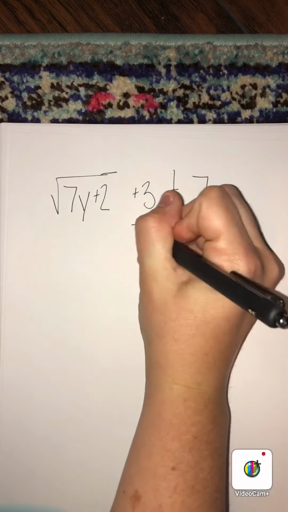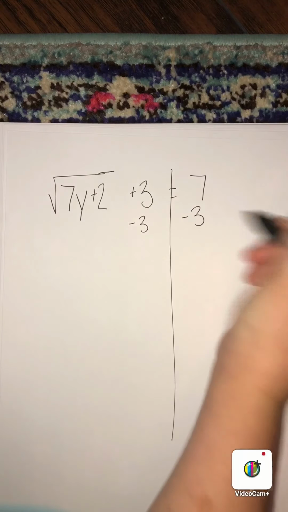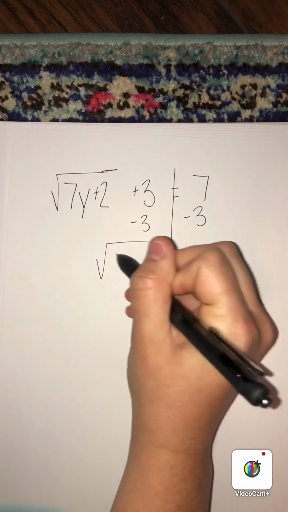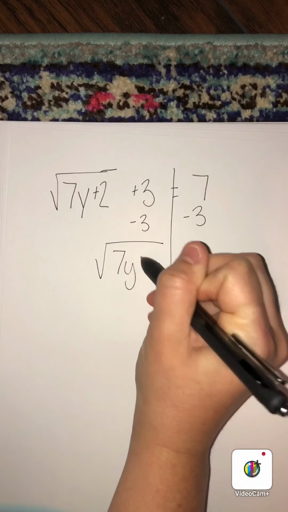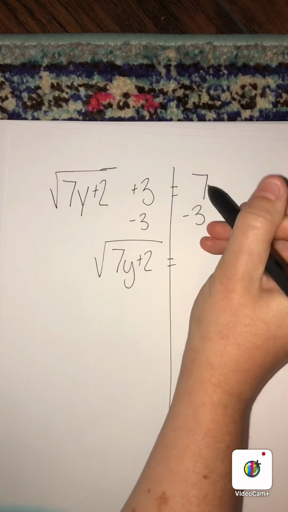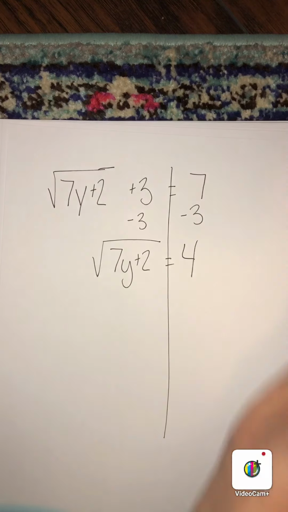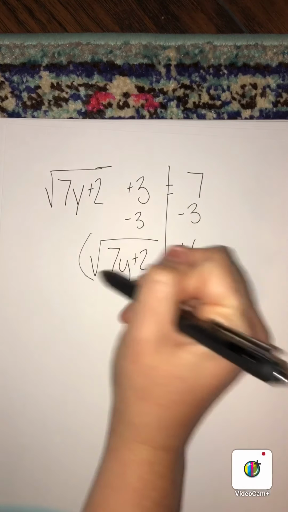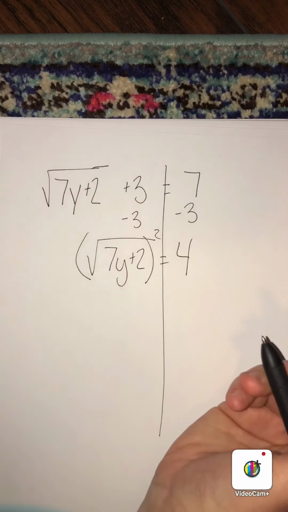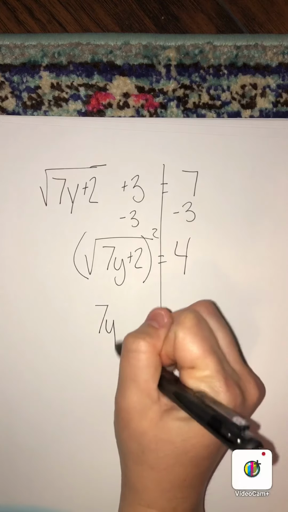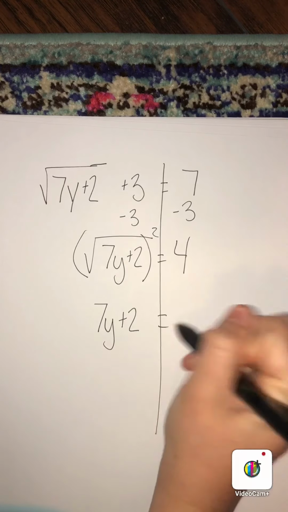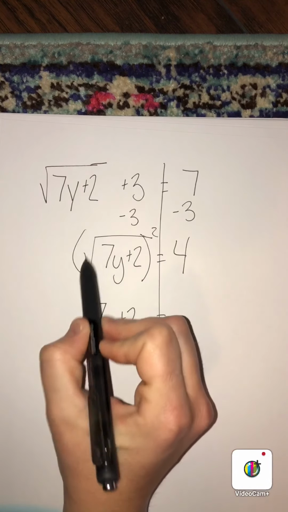All right, what we're going to do first is subtract the 3 from both sides. So you're left with the square root of 7y plus 2 equals 7 minus 3 is 4. I'm going to square this whole side. So I get 7y plus 2. Remember, when you square, all you're doing is canceling out the square root.